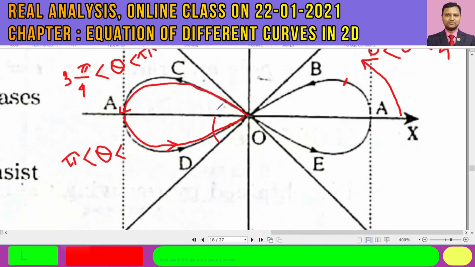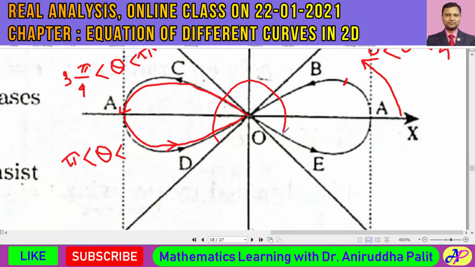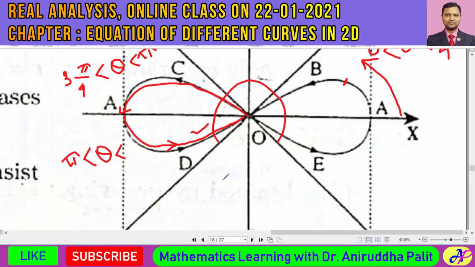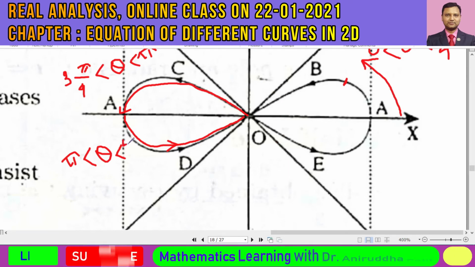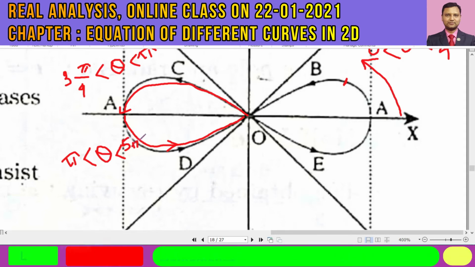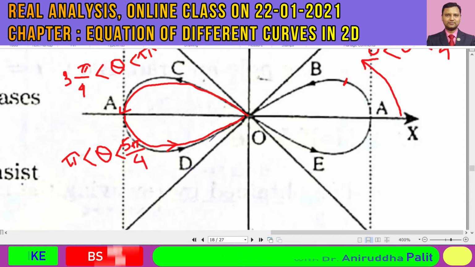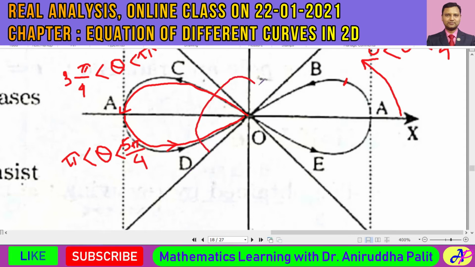Less than this much angle. What is this much angle? Pi plus pi by 4, that means 5 pi by 4. So in this fashion, you will have to identify the range by looking at this picture, because this much angle is equal to 5 pi by 4.